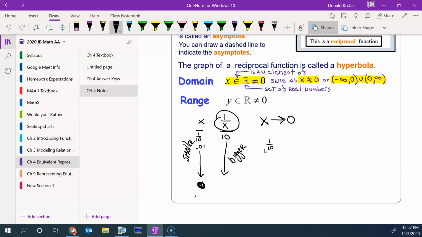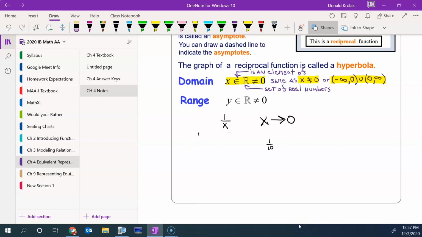And if I was really, really close to 0, and I put that in there, I'm going to get a really big number. So the reason why it curves is you start to put in smaller numbers, and the y values start increasing really fast.